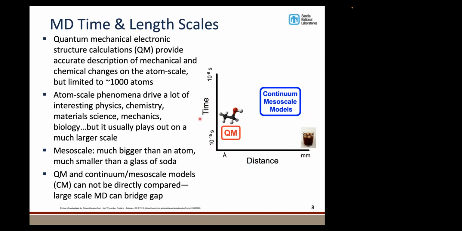And then time scales, you're looking at like 10 to the minus 15 seconds all the way up to microseconds or even milliseconds. And so really what we use large scale molecular dynamics for is to bridge the gap between quantum mechanics and continuum. So as I said before, you can simulate on the order of 1 billion atoms on a supercomputer.